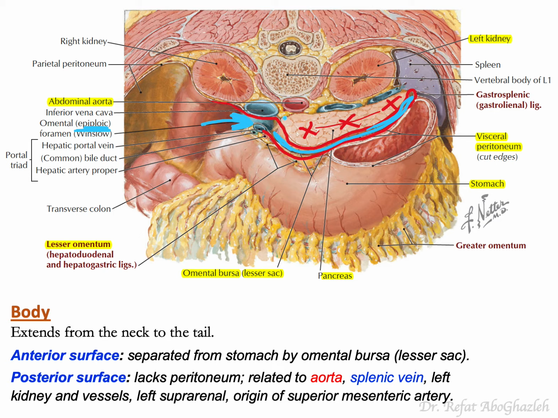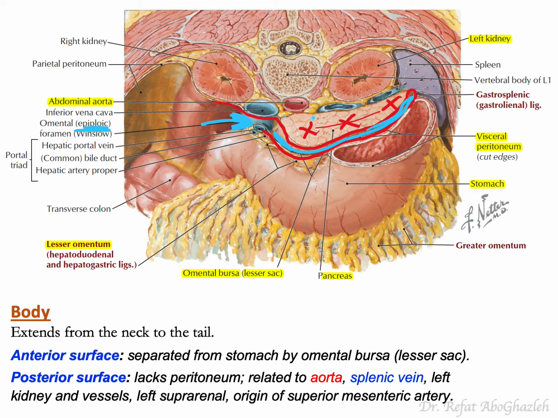the posterior surface of the pancreas is not covered by peritoneum, as you see here, because the pancreas is retroperitoneal, behind the peritoneum, so nothing behind it except a couple of organs, structures, and the posterior abdominal wall.